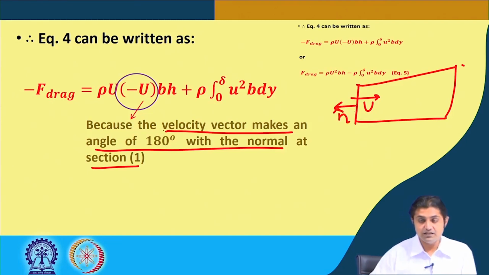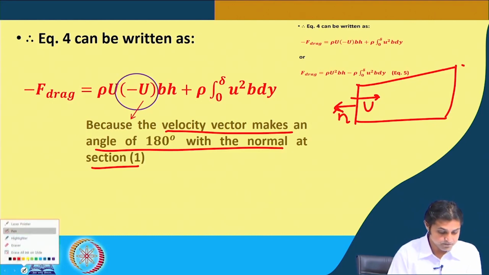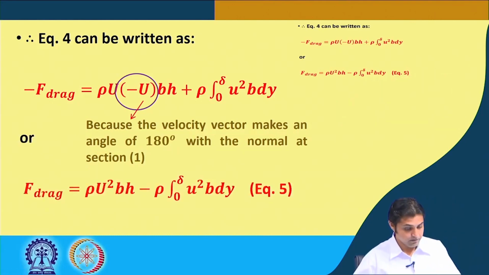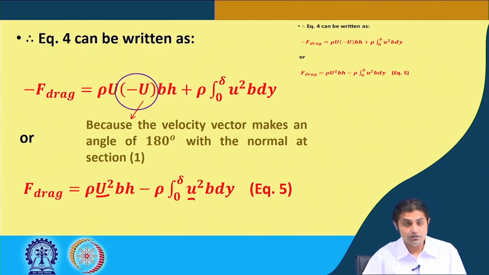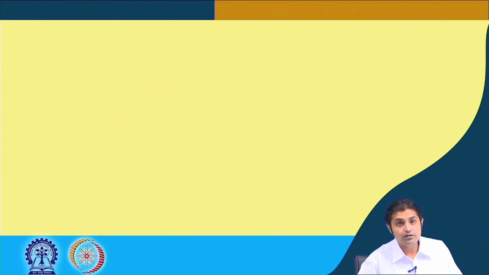So, that is why 180 degrees. Or simply we multiply it by minus 1 on both sides, this becomes F drag is equal to rho U square bh minus rho integral 0 to delta u square b dy. This U is capital, this u is small.